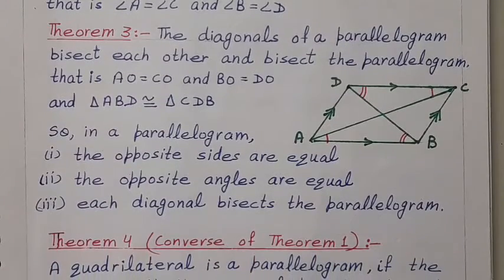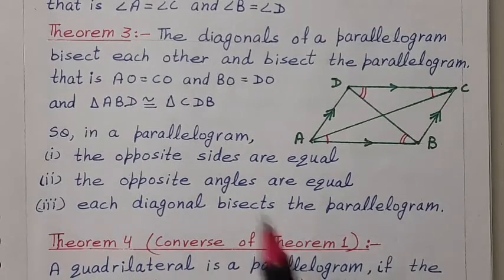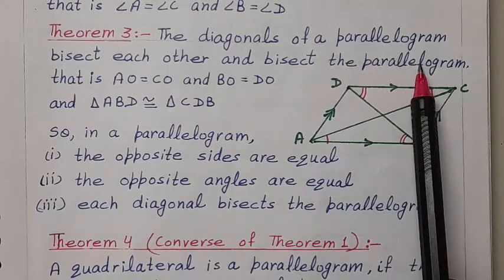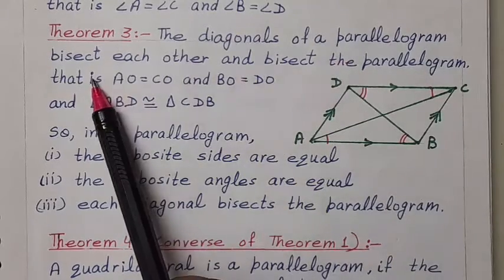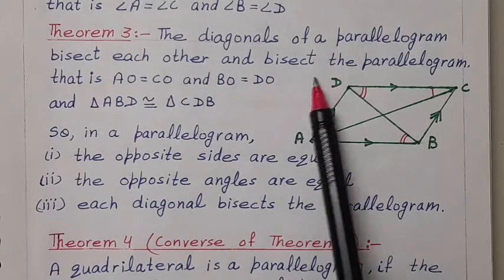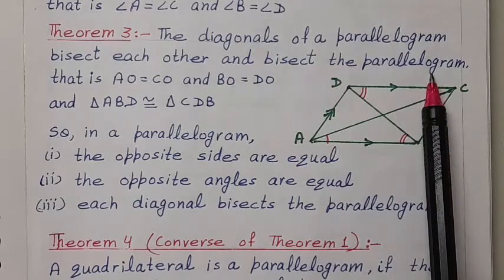Now see what we have in theorem number 3. The diagonals of a parallelogram bisect each other and bisect the parallelogram.